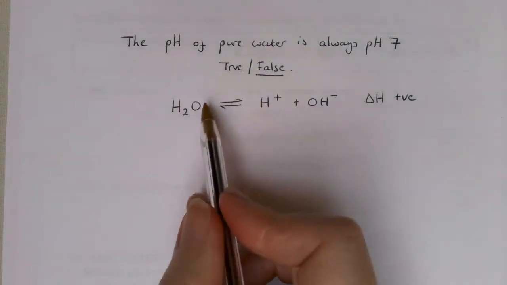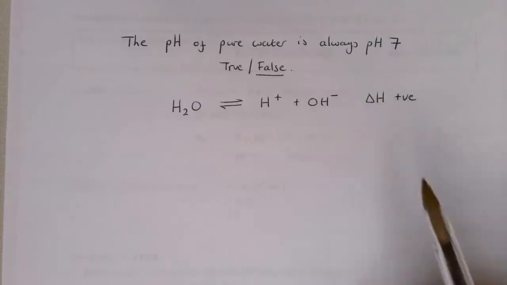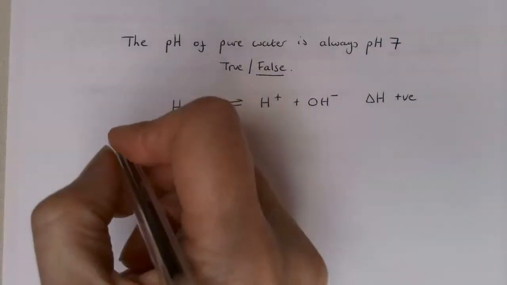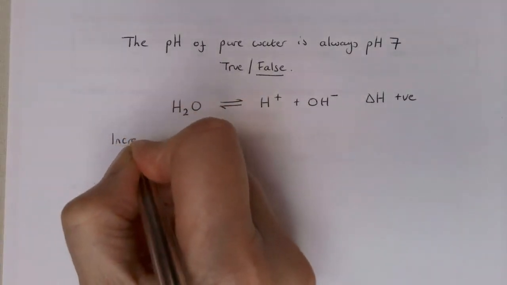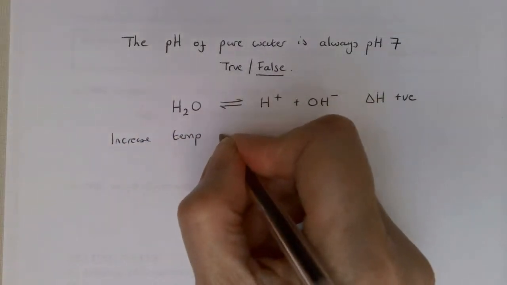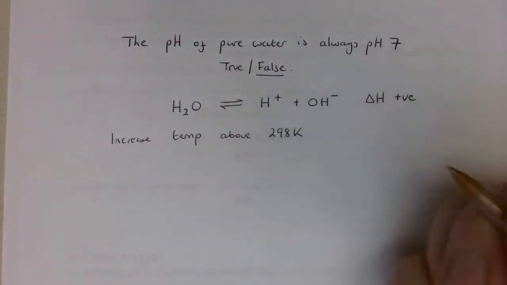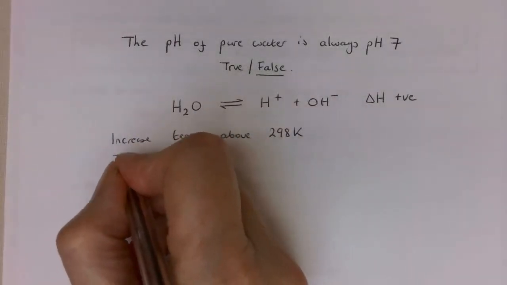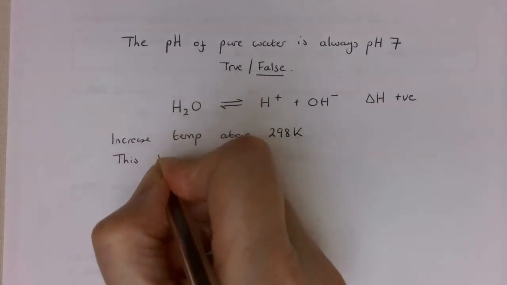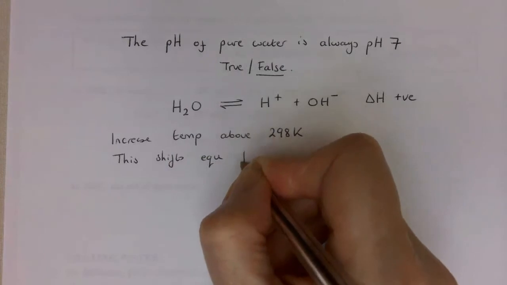In other words, it takes energy to break the molecule apart, and that's why it's endothermic. So if we increase the temperature above 298 Kelvin, we note from our equilibrium notes that this equilibrium position will shift forwards.